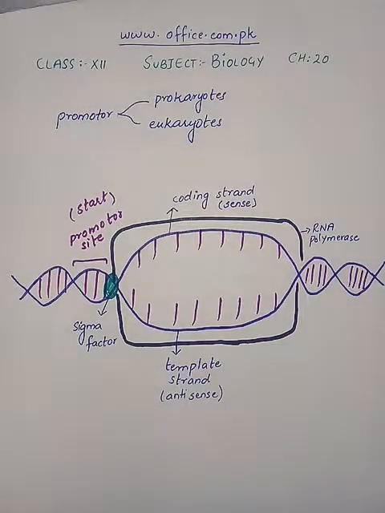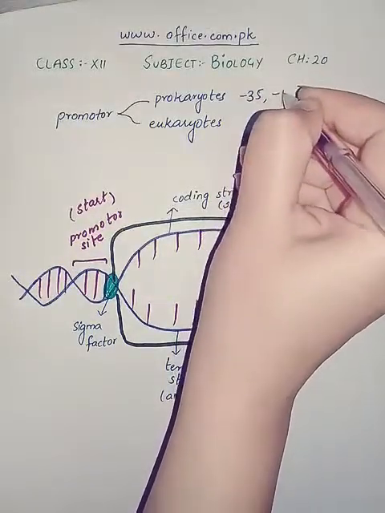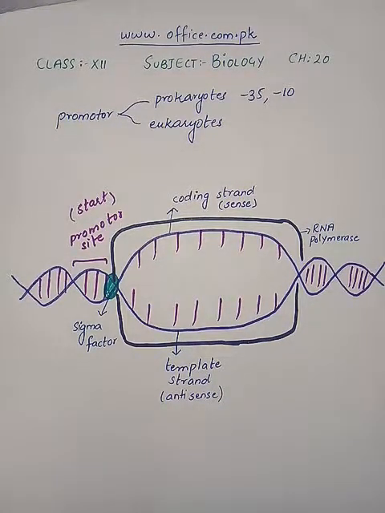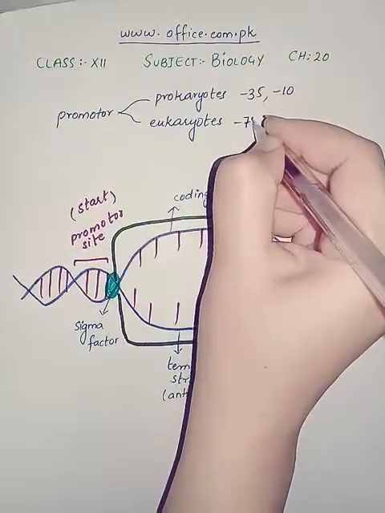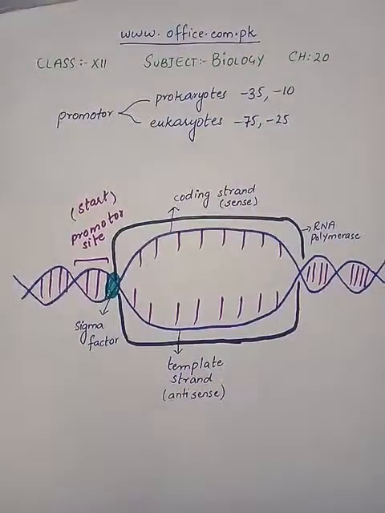In prokaryotes there are -35 and -10 sequences, and in eukaryotes there are -75 and -25 sequences. So the binding of RNA polymerase to the promoter is the first step in gene transcription.